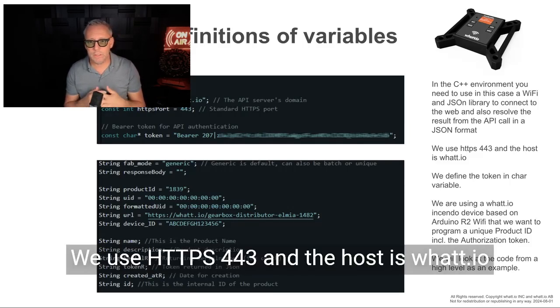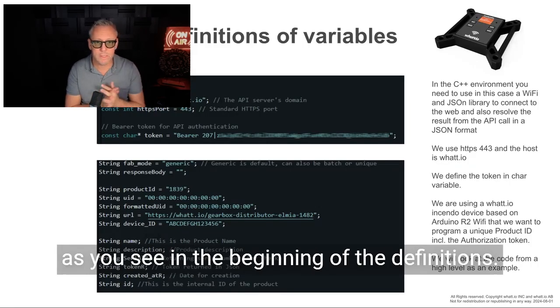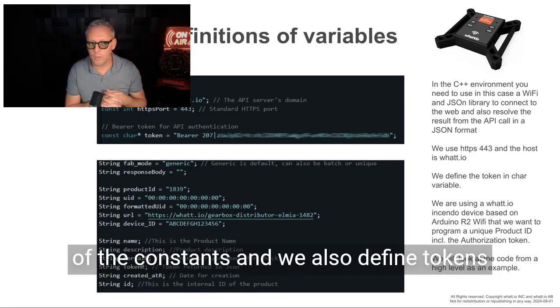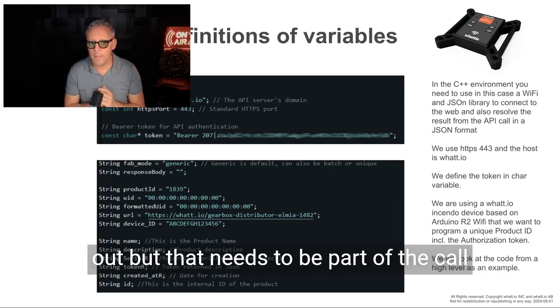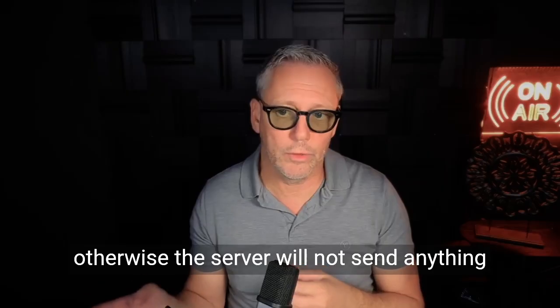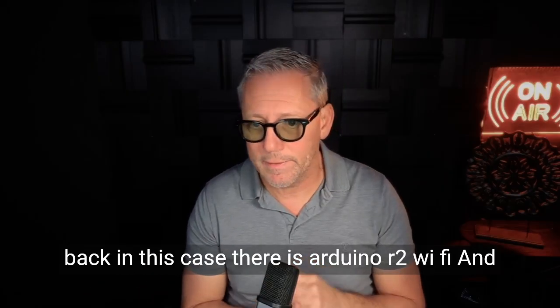We use HTTPS 443, and the host is what.io, as you see in the beginning of the definitions of the constants. We also define tokens, and of course that bearer, you see, it's faded out, but that needs to be part of the call, otherwise the server will not send anything back.